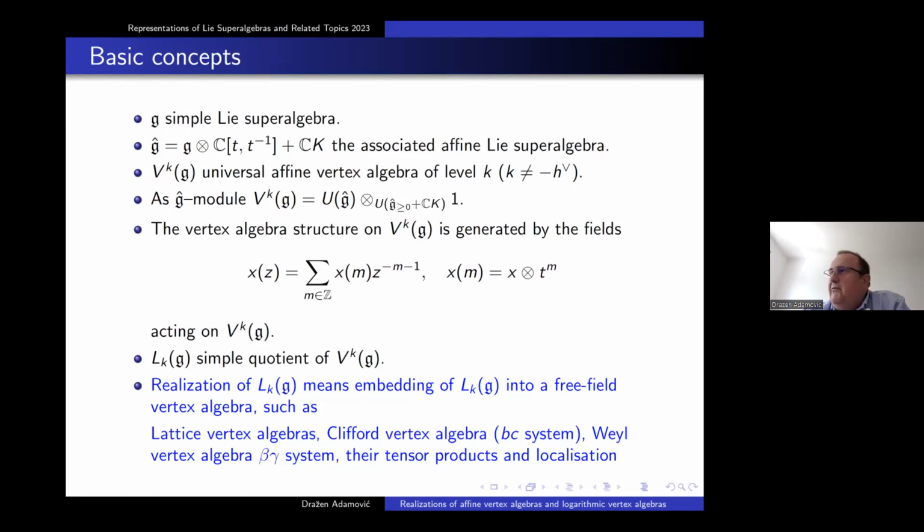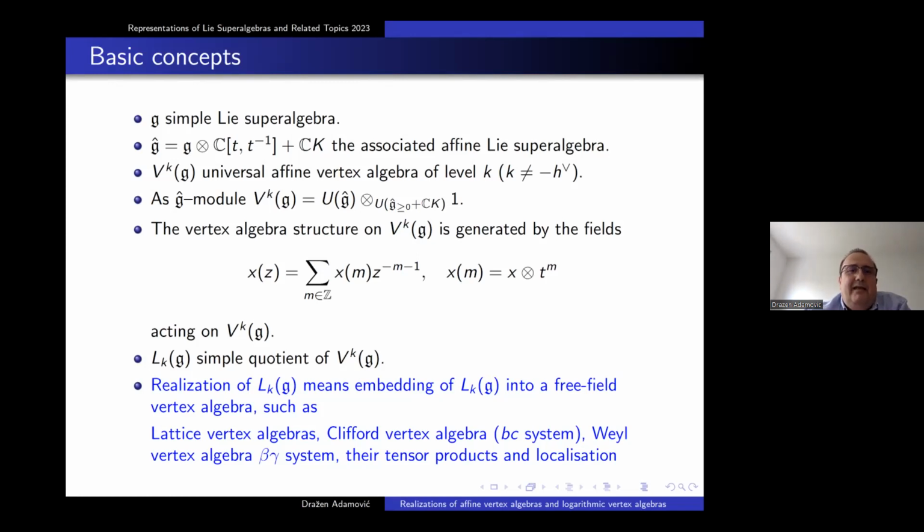But there are various categories of representations of this infinite dimensional Lie superalgebra, and most of them can be caught by the vertex algebra approach. So usually in Lie theory, when we study representation theory, instead of studying a module for the Lie algebra, we study a module for the universal enveloping algebra.